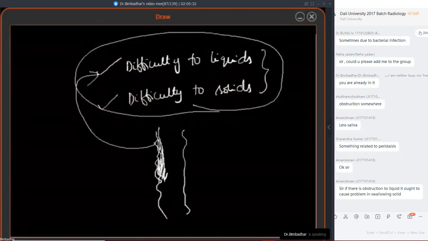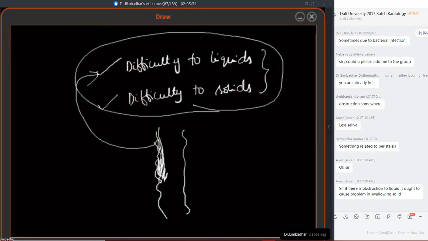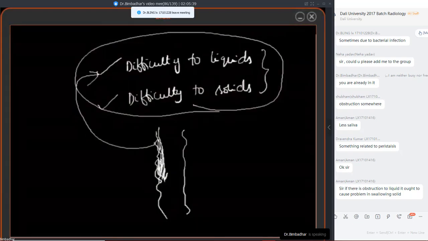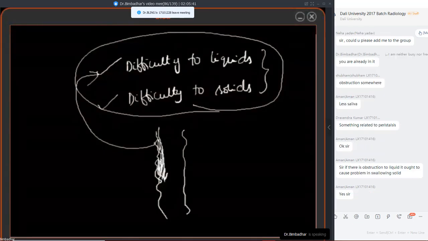Yes, that is true. So rather than trying to differentiate it clinically, we will try to analyze it in a different way. That is the reason why we are utilizing the fluoroscopic studies here. So in such a situation, we will try to look at one thing.